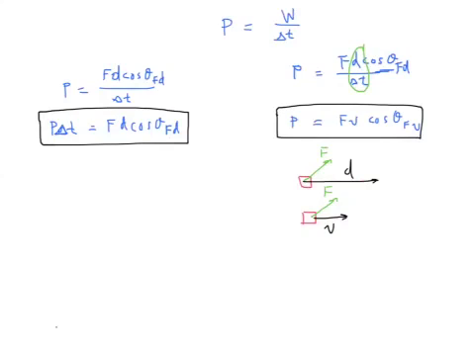So we can see just by inspecting the picture that theta between F and d is really no different from theta between F and v. So it's perfectly acceptable for us to replace one with the other because those are in fact the same angle. My picture here convinces me of it. And these are the equations for power that we'll be using.